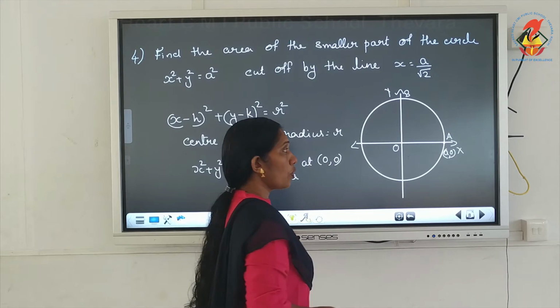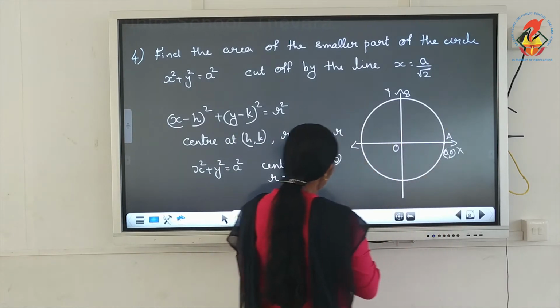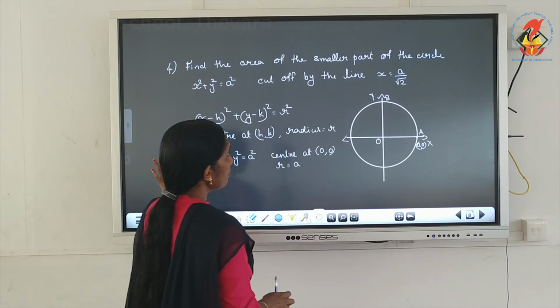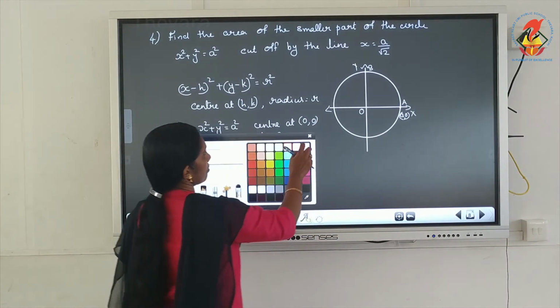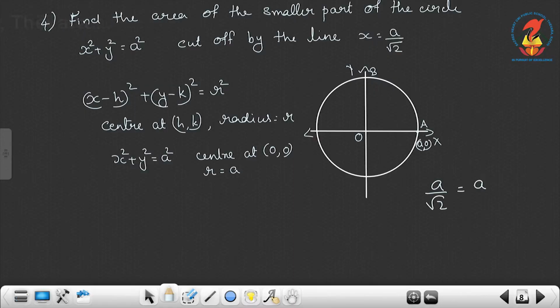So where do we draw the line? Is it close to the origin or close to this a? How do we get that? A by root 2, when we rationalize, multiply by root 2 on top and bottom, so it is root 2 a by 2. A by 2 is the half of a, so a by 2 into root 2 is more than that.